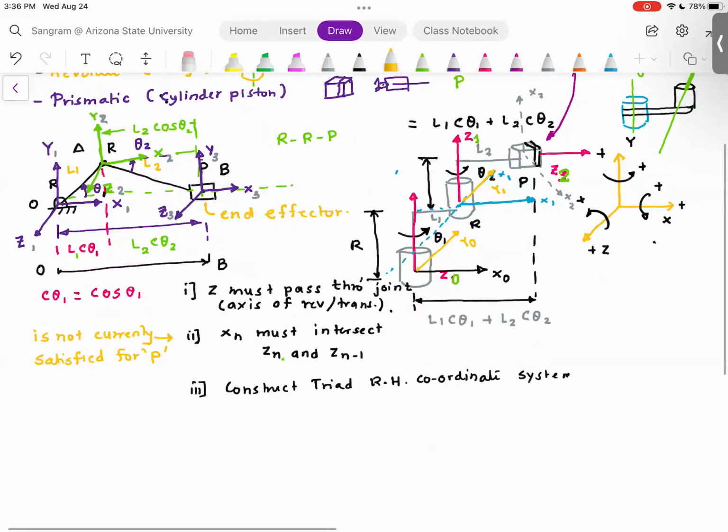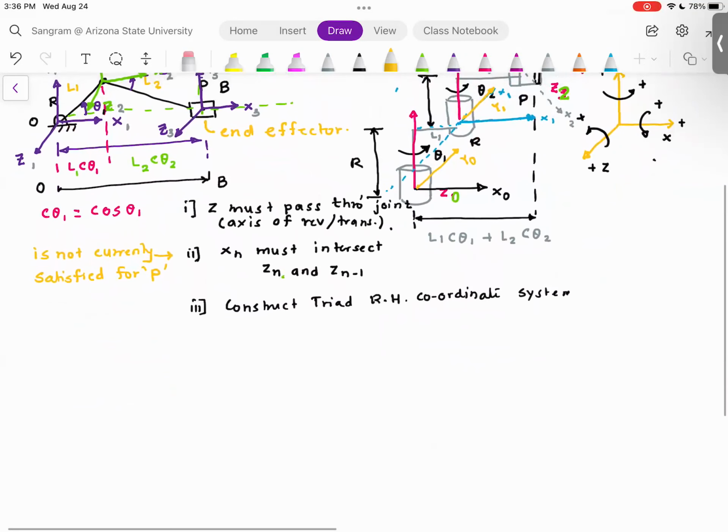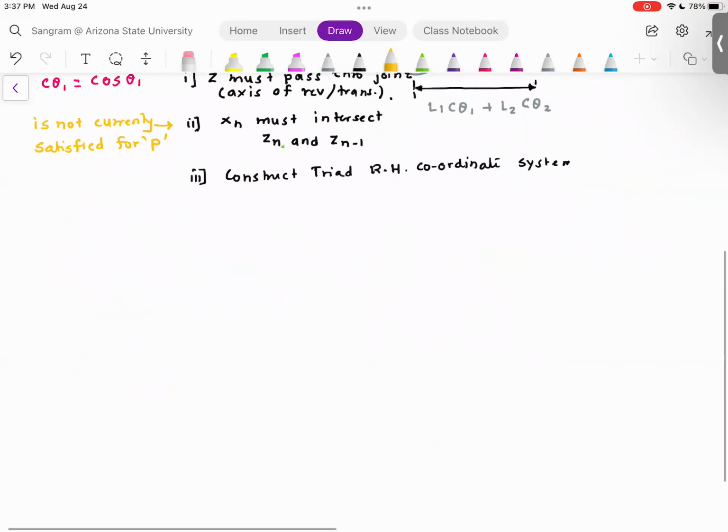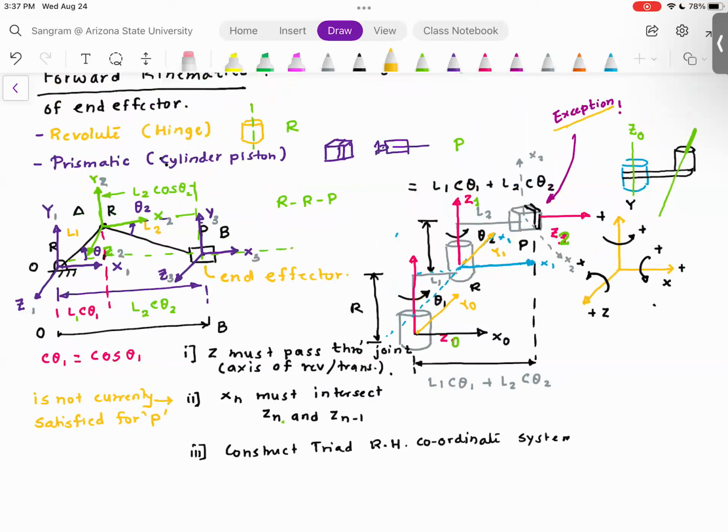So again, these rules I will specify again and again for all the forward kinematics problems that I will solve in class. Triad. Triad means 3 vectors.